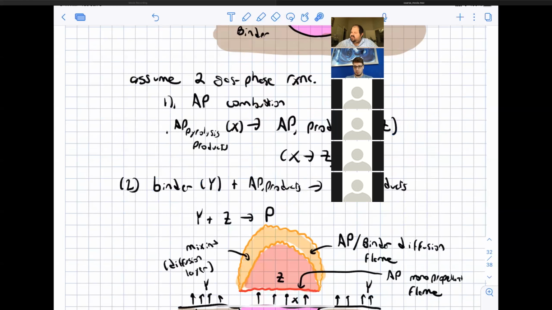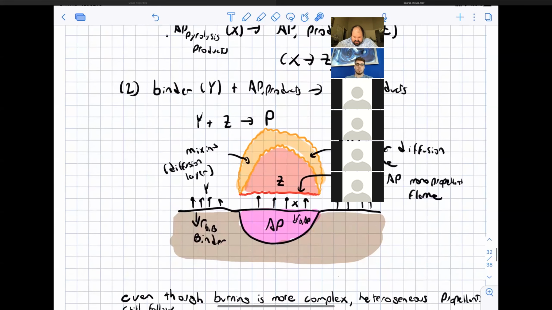And basically, he has net Arrhenius laws for these that have been sort of calibrated.